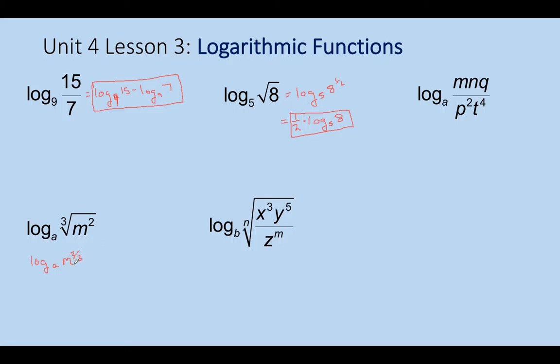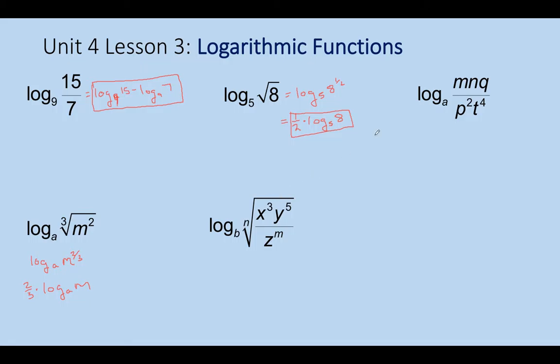Multiply those exponents together and you get 2/3. And now you've got this exponent here, and we'll treat it like the previous one. And so we would get 2/3 times log base a of m.